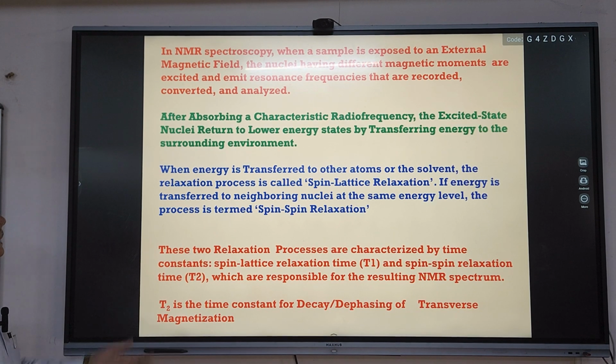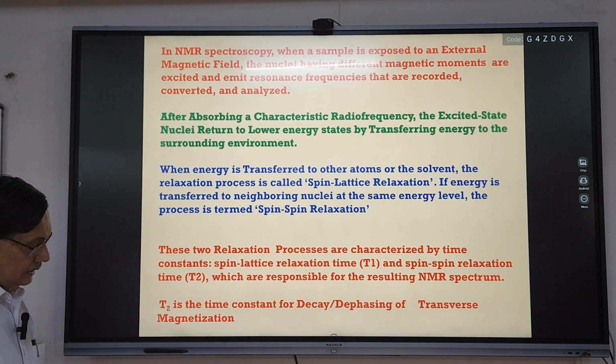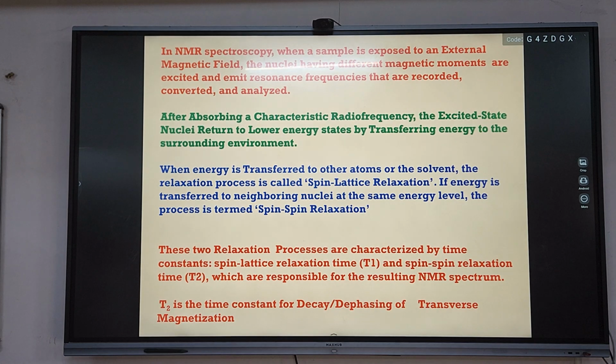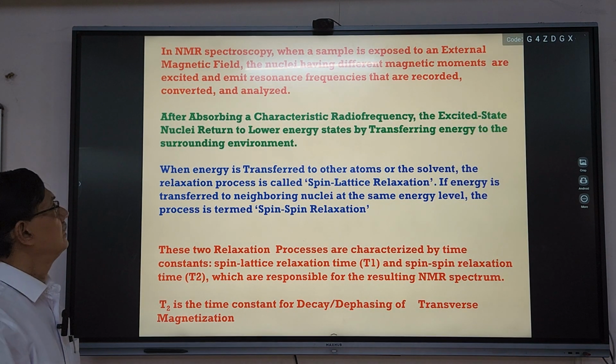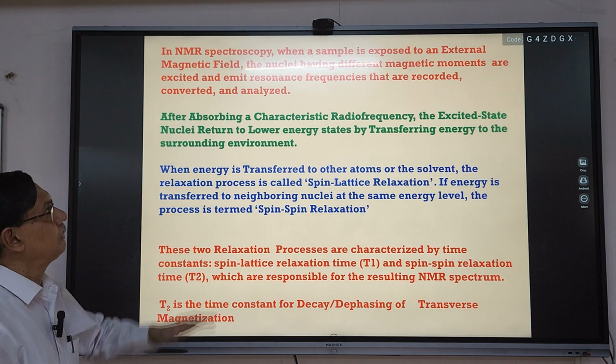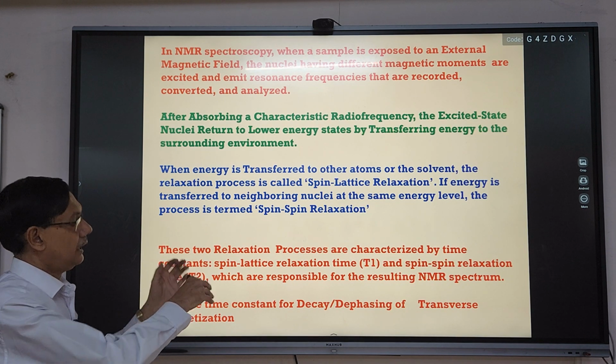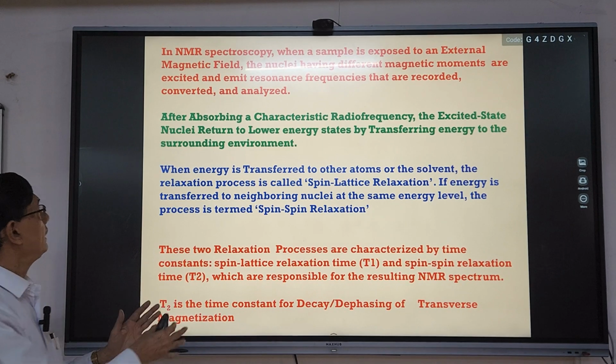There is a flipping and they are excited, there is excitation from low energy to higher energy, and then it emits the resonance frequency, and that resonance frequency is recorded, converted and analyzed.